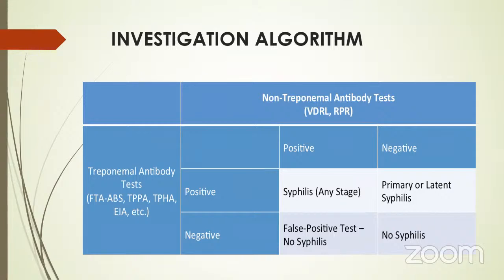The titer should fall fourfold below the base level. Then we can say the treatment is working. Otherwise, if it doesn't fall, then it is said that there's a treatment failure or a resurgence of infection.